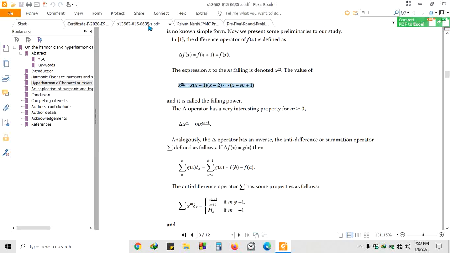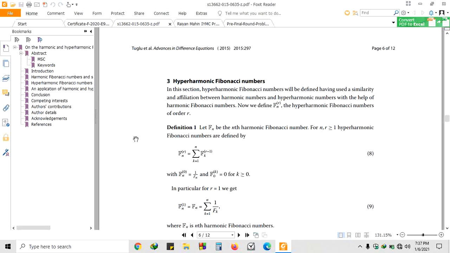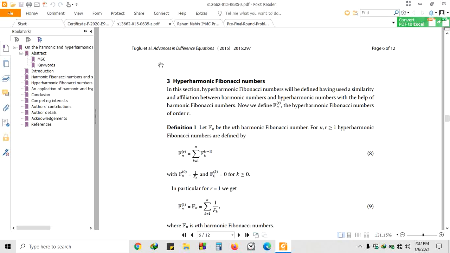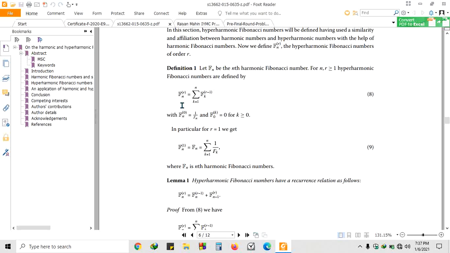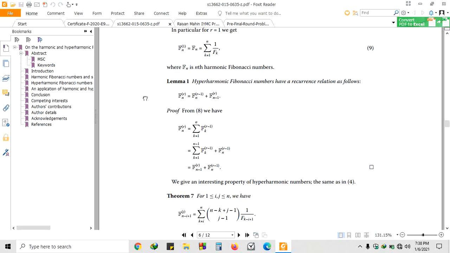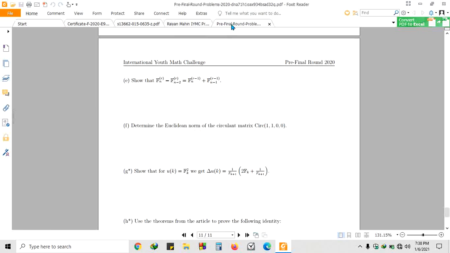We were given a hyperharmonic Fibonacci number, that is bold F of n, r. We see there is a recurrence relation of the hyperharmonic Fibonacci number, that is bold F of n, r equals bold F of n, r minus 1 plus bold F of n minus 1, r. Using this recurrence relation, we can prove the following line.